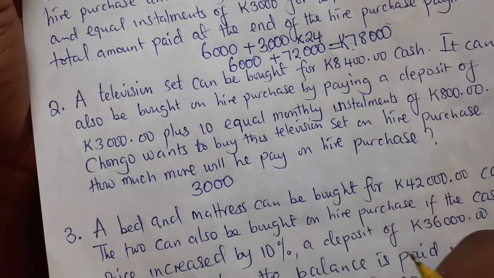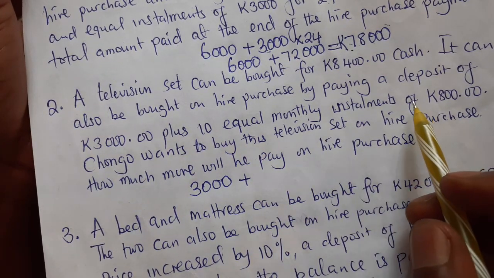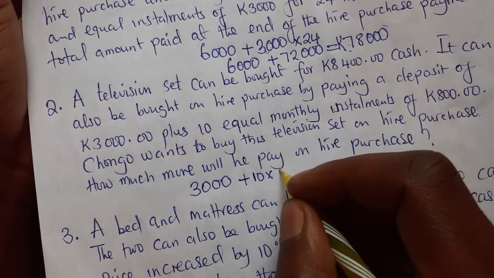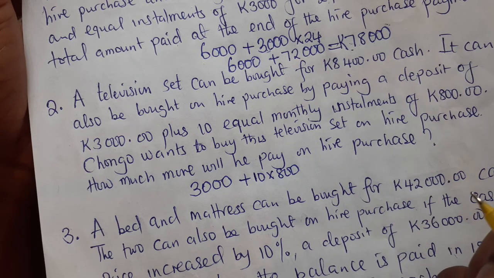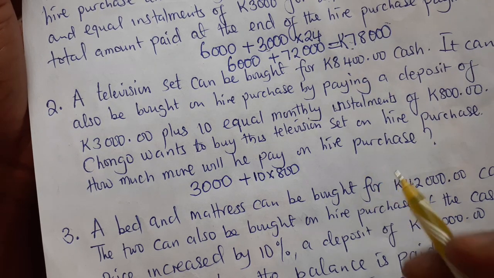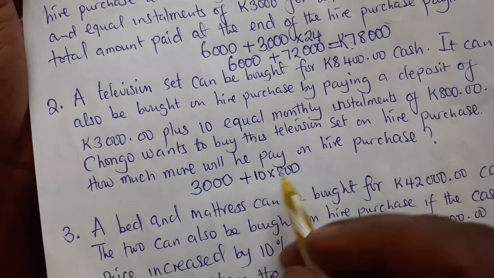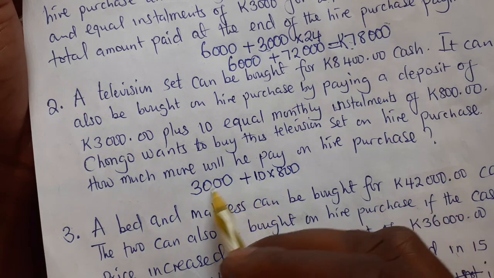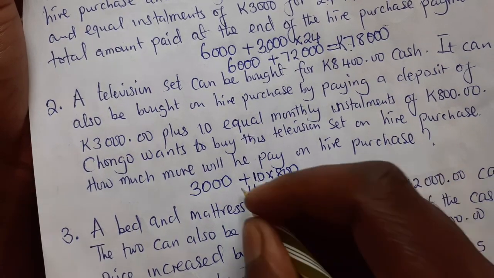This is the down payment, plus 10 equal installments of 800. So 10 multiplied by 800, when you multiply, this is going to give us 8,000. 8,000 plus 3,000, we are going to get 11,000 kwacha.